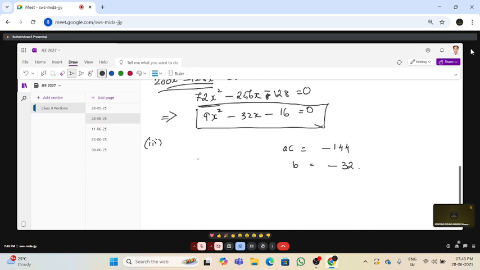So you have to multiply AC and then consider B. Suppose you divided it into P and Q. This will be your PQ. This will be P plus Q. So we have to find out two numbers so that their sum is equal to minus 32 and their product is equal to minus 144.